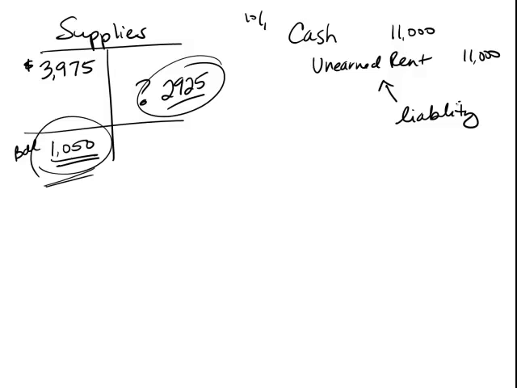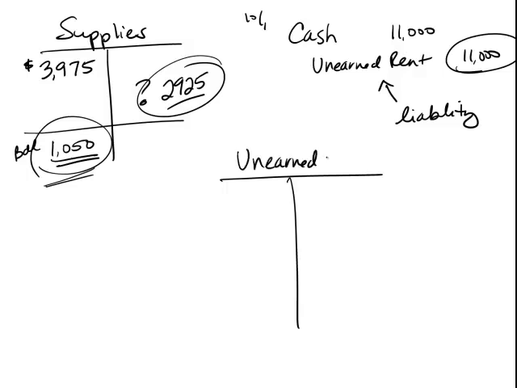We owe them that service, the rent, the building or the tractor, $11,000 worth of rent, whatever they're renting from us. So on October 1st, we couldn't book this as revenue yet because we had not yet earned it. Now that we have earned it, we need to do a journal entry to move some of this, $2,750, 1/4 of it, into the revenue account.